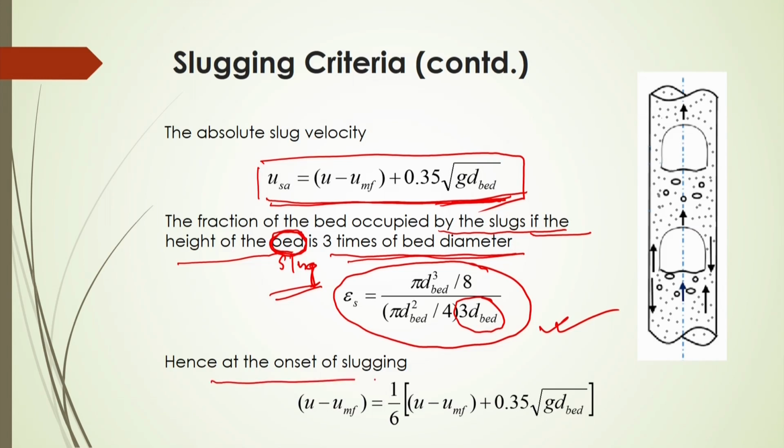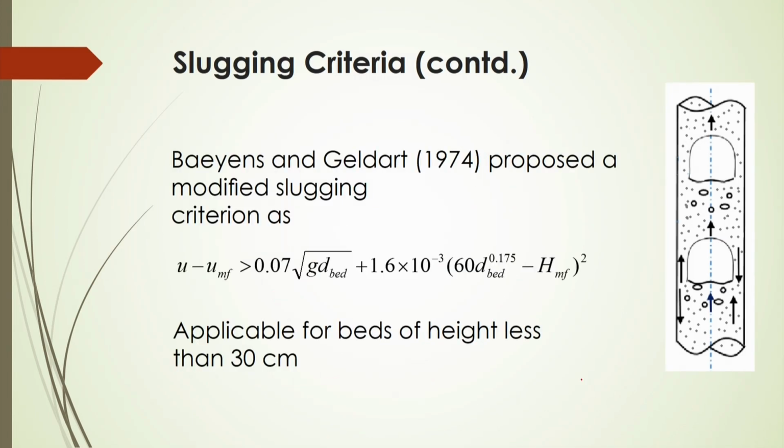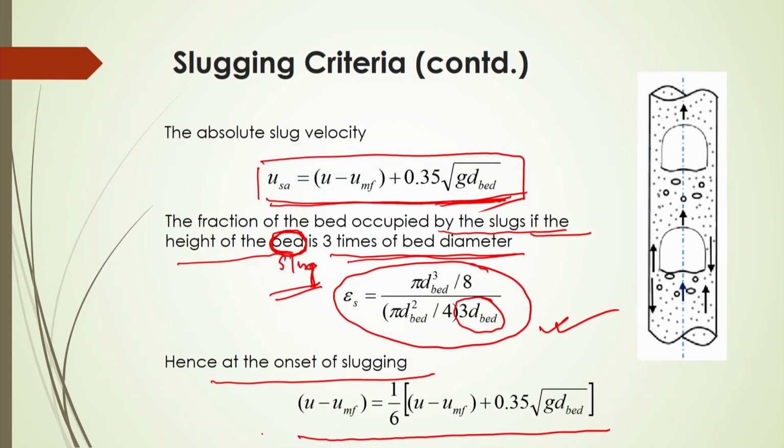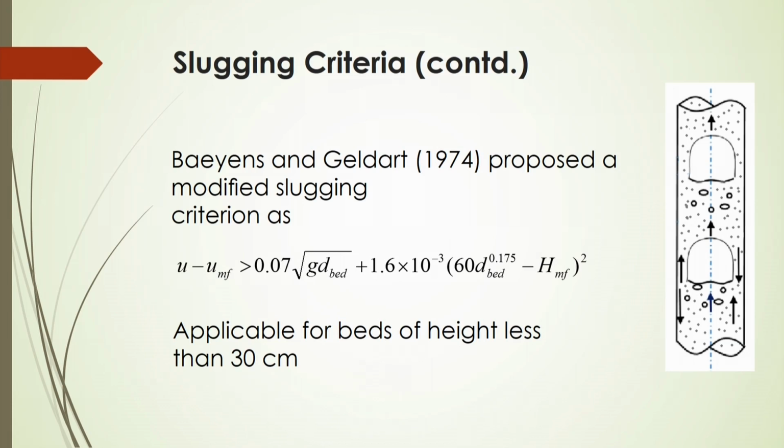Hence, at the onset of slugging, you substitute this value, and then u minus u_mf will be equal to 1 by 6 into u minus u_mf plus 0.35 root over g d_bed. From this you get the criteria for u. This u will give you the slugging velocity for which you get the first slug formation inside the bed.